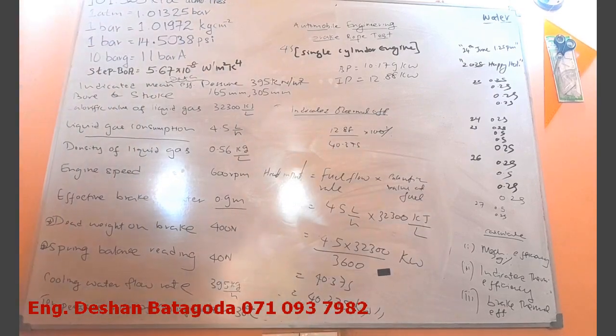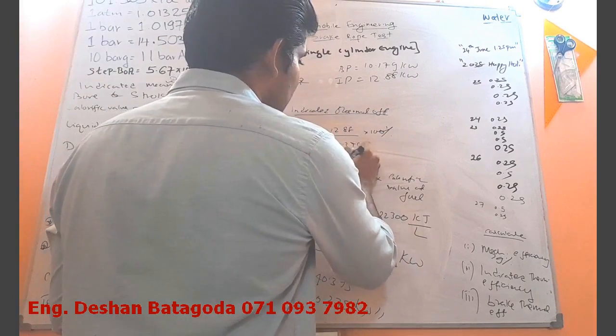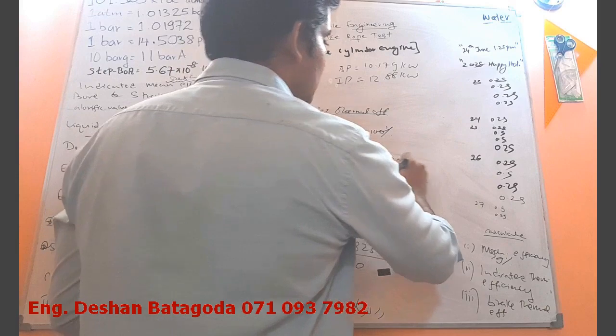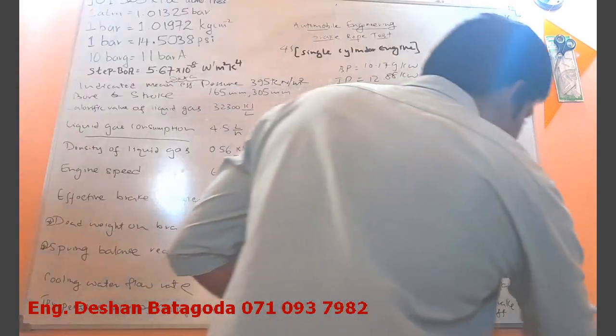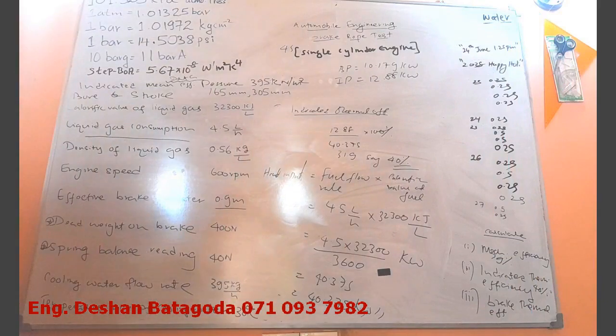Tell me what is the answer? 12.88 divided by 40.375 multiplied by 100 is 31.9, or let's say roughly 32% indicated thermal efficiency.